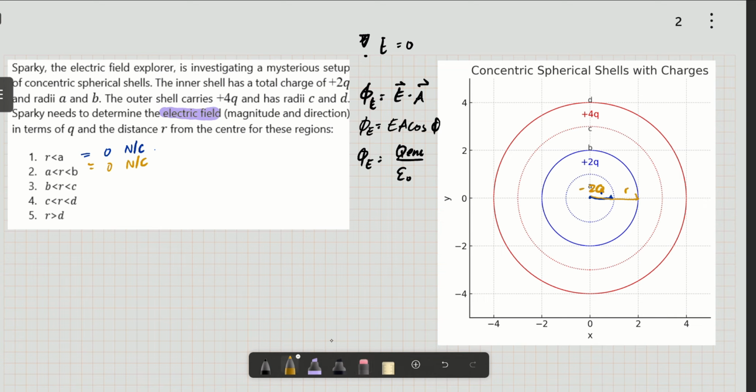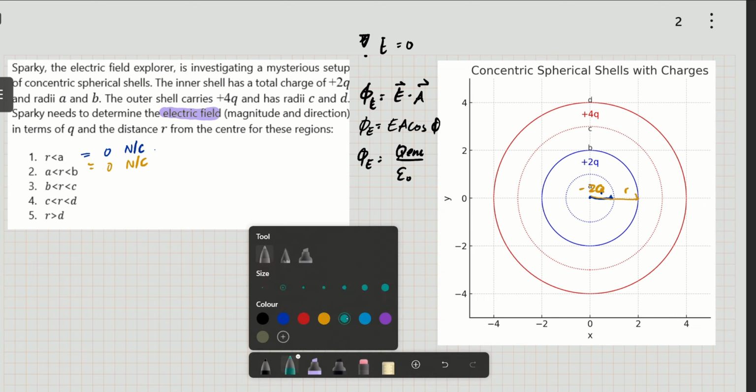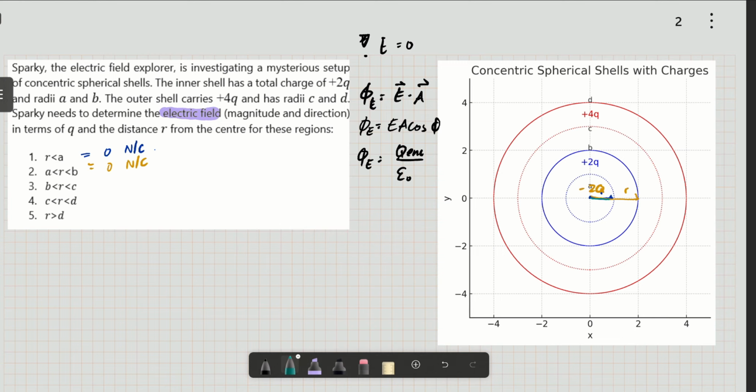Next, for number 3, we have our shell. It says r must be greater than b but less than c. Looking at it, we should have this part here. This is our r. Now, how do we get our E? Manipulating again, cosine phi is still 0, so that's going to be 1.